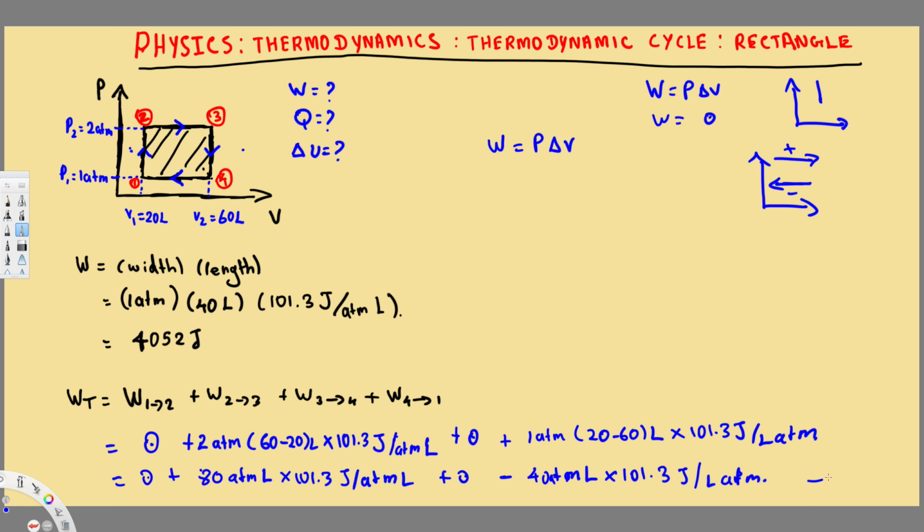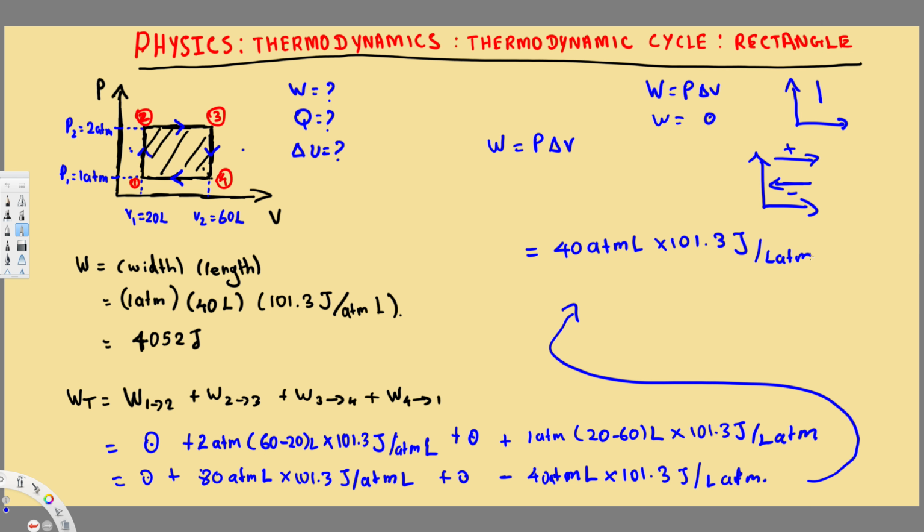Now we can go ahead and simplify this one right here. So here 80 atm liter, 40 atm liter, both are multiplied by the same value. So we can directly subtract. So this is going to be 40 atm liter times 101.3 joule per liter atm.